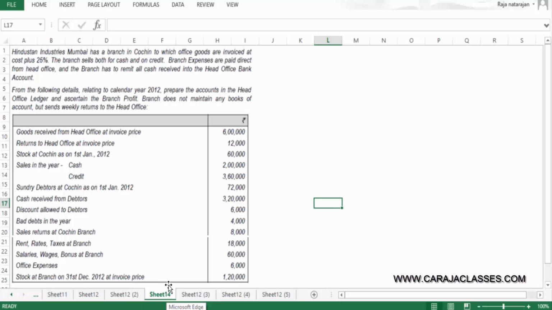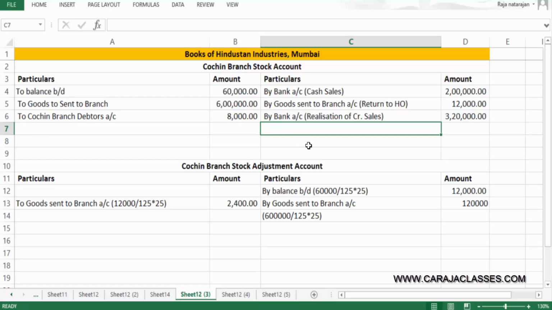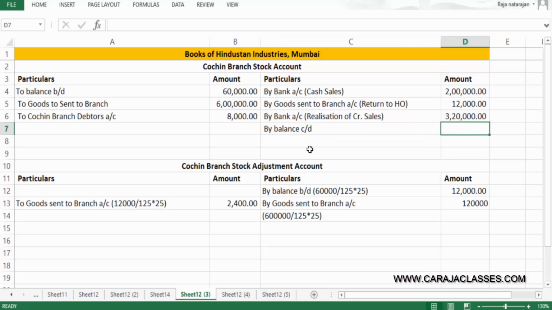Stock at branch on 31st December 2012 at invoice price is 120,000. So here we are supposed to capture by balance carried on, and it is 120,000. It means its corresponding loading will be taken to the debit of stock adjustment account, right?